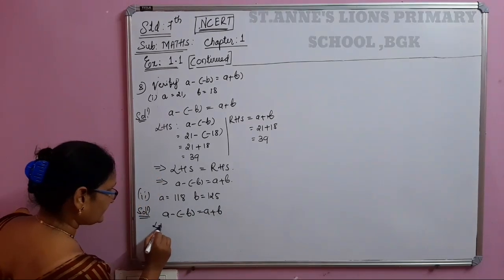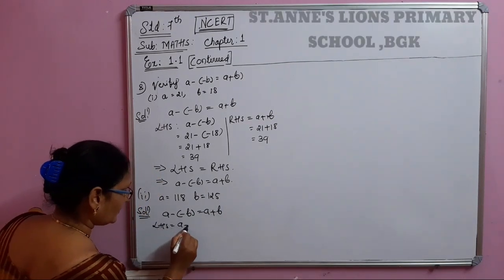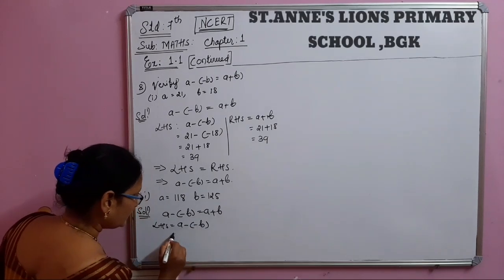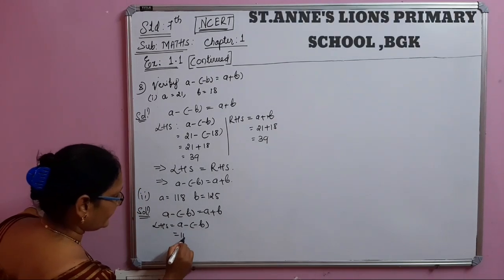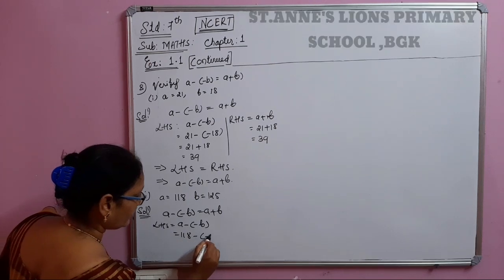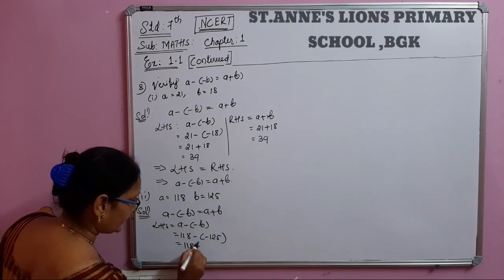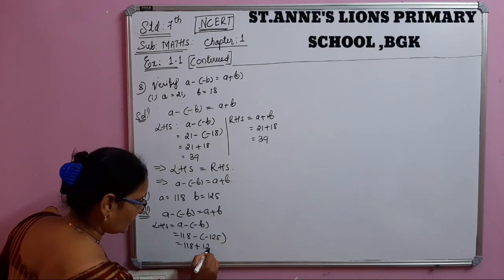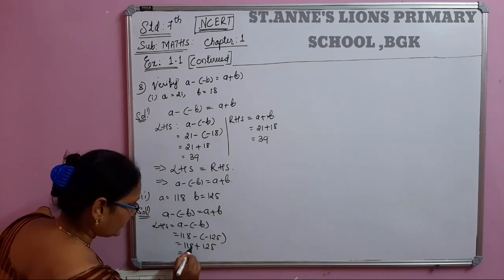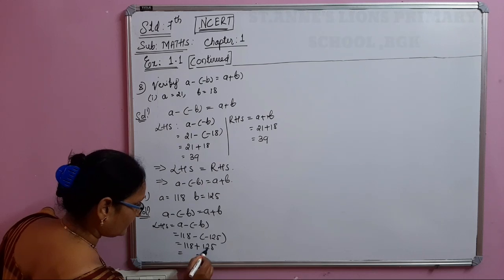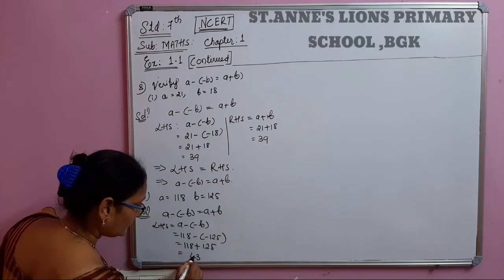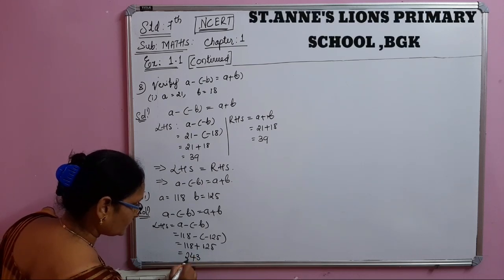Here what is LHS? LHS equal to a minus of minus b is equal to a is 118 minus of minus 125. So this is 118 minus into minus is plus 125. What is the answer? 8 plus 5 is 13, carrying 1. 3 plus 1 is 4. 1 plus 1 is 2. 243.